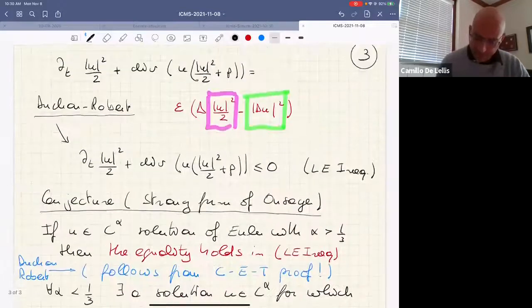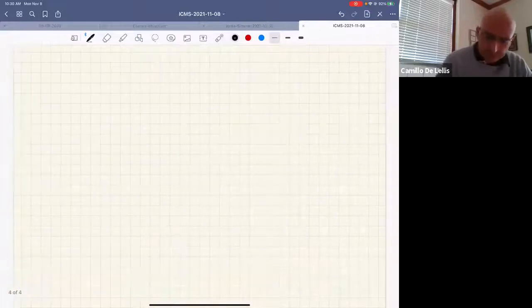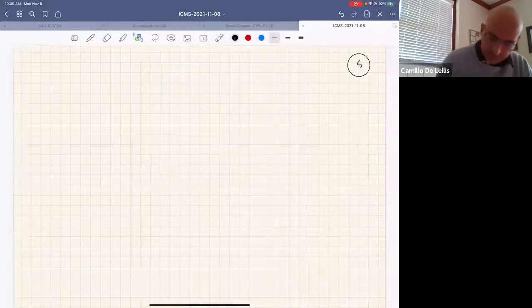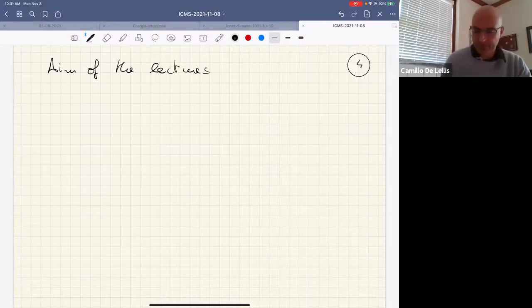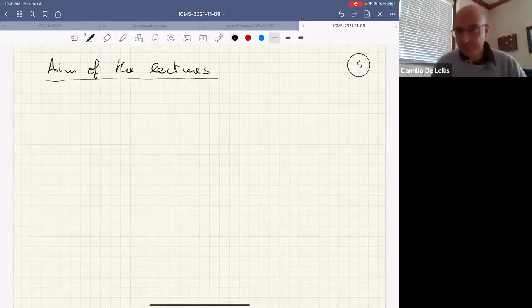Okay, and the aim of this lecture is now first of all to give you an idea of how you come up with an algorithm, or an approach, to generate continuous solutions which behave badly for these systems of PDEs.